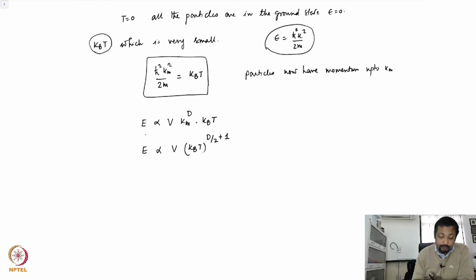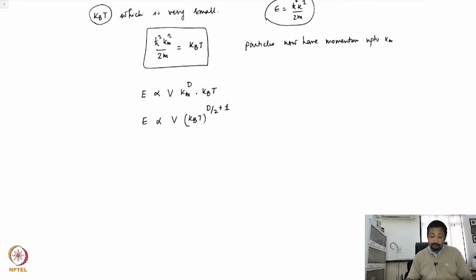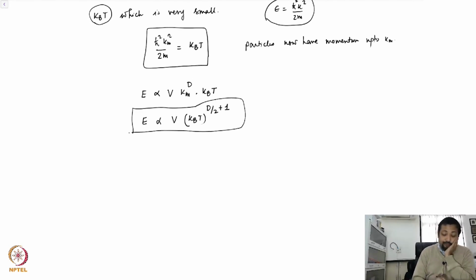I'm not worried about the factors over here. There is a proportionality constant. I can lump everything together in the proportionality constant. If you look at this structure of the energy, for any arbitrary dimension, therefore, the energy must go as T to the power d by 2 plus 1.